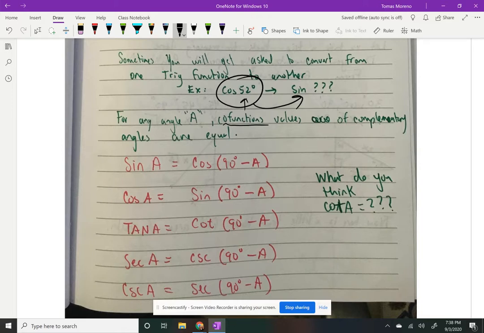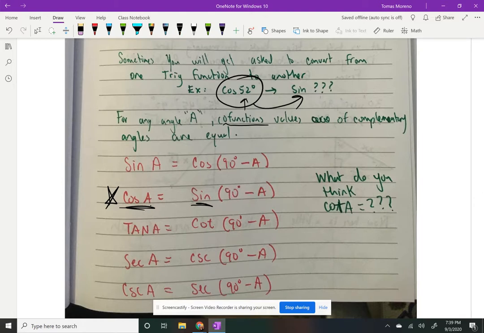Meaning if you have cosine of 52, to find the sine equivalent, you take 90 and subtract the 52.